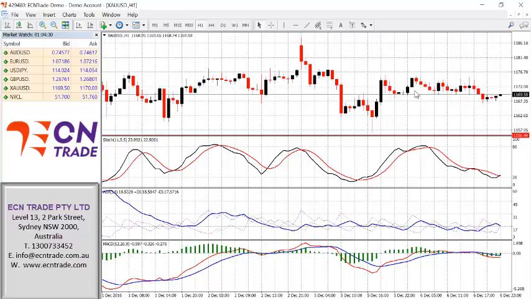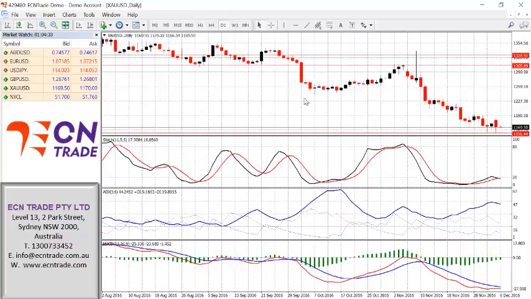Now, from the current pattern, I'm still looking for a further down test, and if we do get a break under 11.50, that will give further exposure towards a $100 drop to 10.50. So a big level at 11.50. However, as I mentioned, the bulls should continue to defend this level, and if we do get a recovery today, a move above 77.83 would see potentially a climb towards 11.90 and reassess from there.